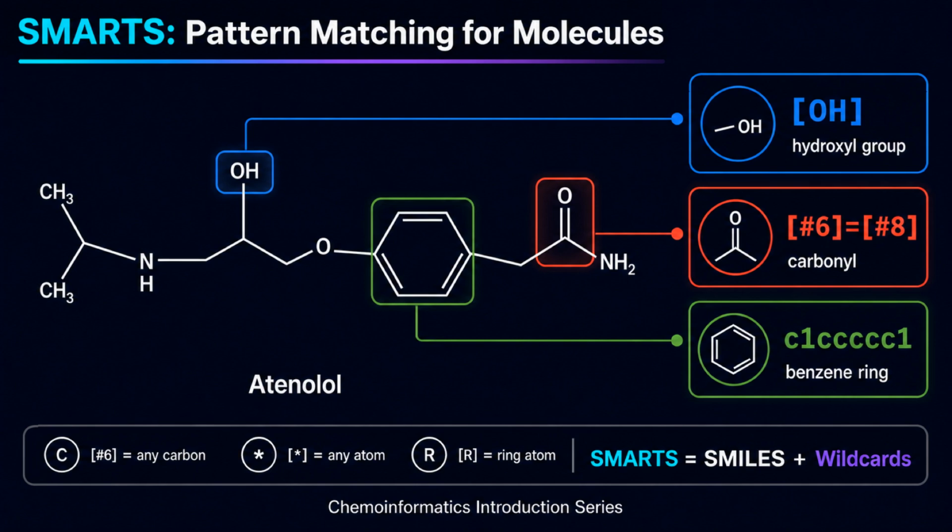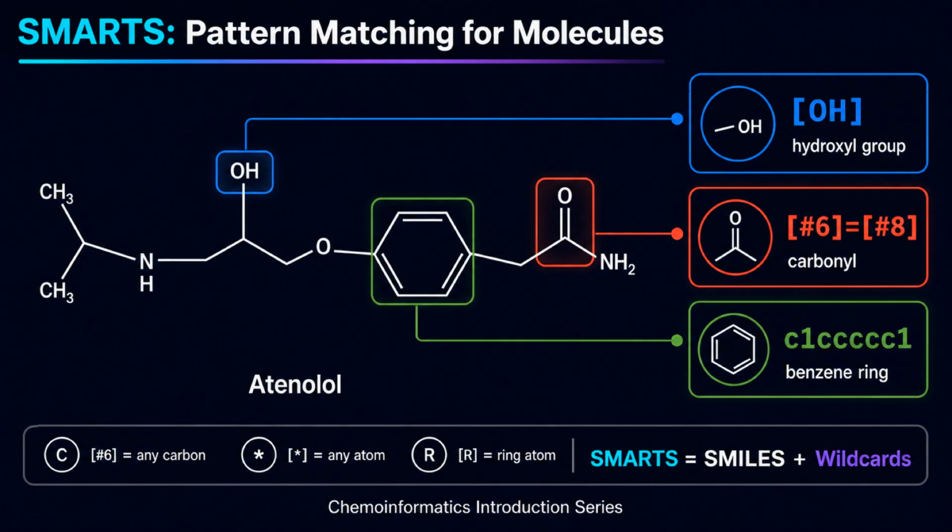SMARTS is like SMILES with superpowers. While SMILES describes specific molecules, SMARTS describes patterns that can match many molecules. Think of it as regular expressions for chemistry. The pattern [OH] matches any hydroxyl group. [#6]=[#8] matches any carbonyl, regardless of what's attached.